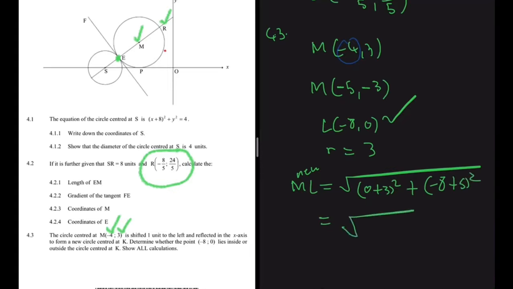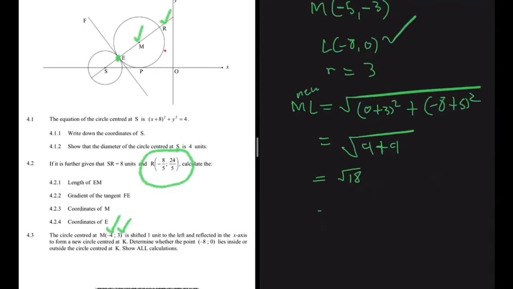So we basically have 3 squared, which is 9, and then minus 8 plus 5, that is minus 3. So we have 9 plus 9. So we have the square root of 18, which is the same as 3 multiplied by the square root of 2.